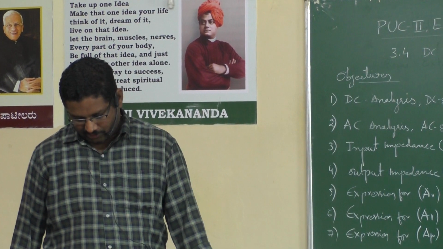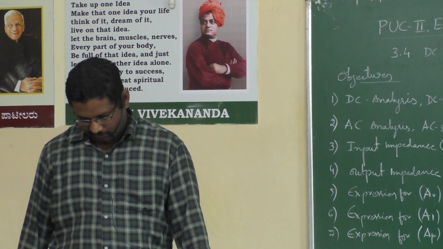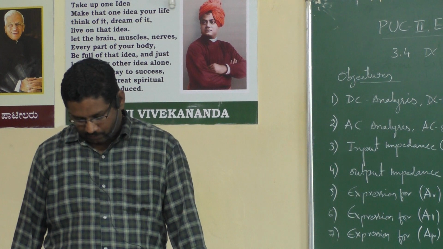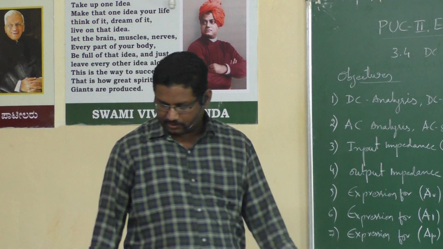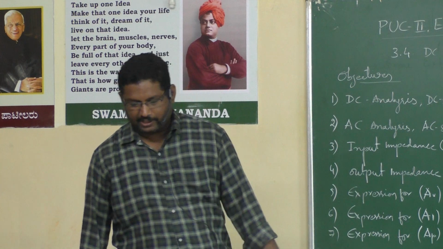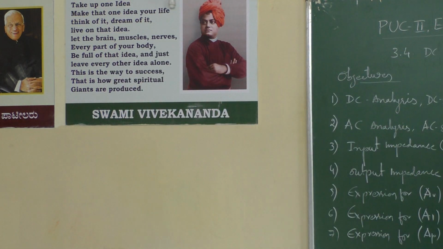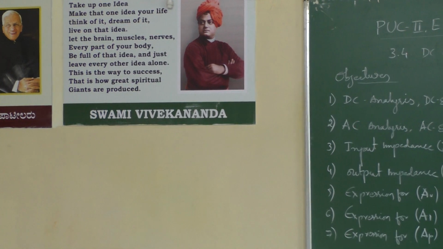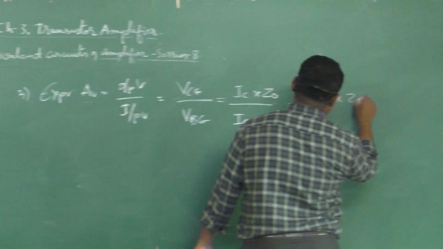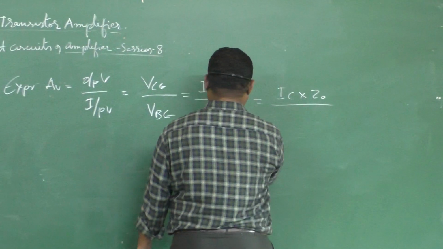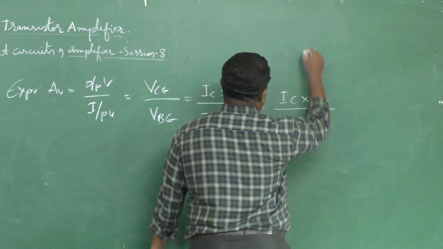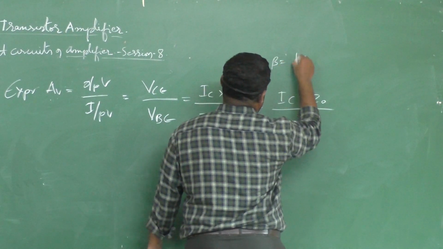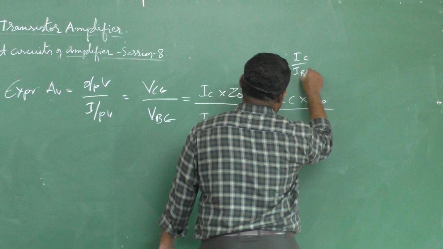Which is minus, usually it would be IC divided by Z out multiplied by beta into IB into RE. So this can further be rewritten as IC into ZO divided by IC. Beta is equal to IC divided by IB.